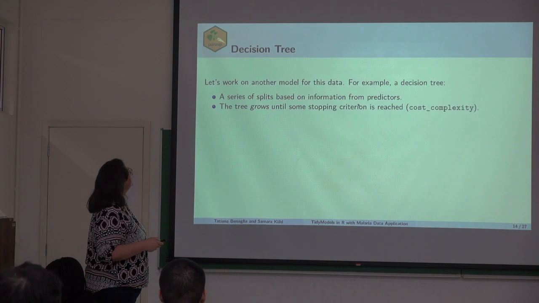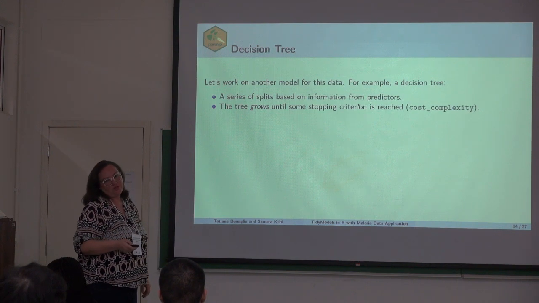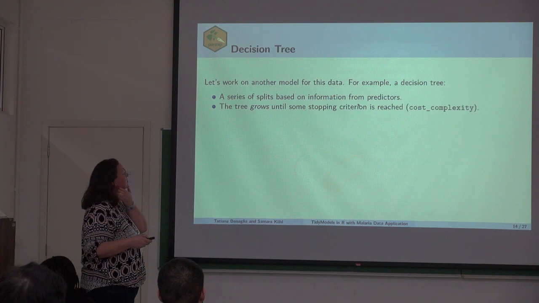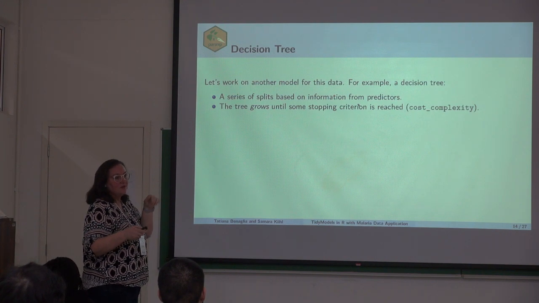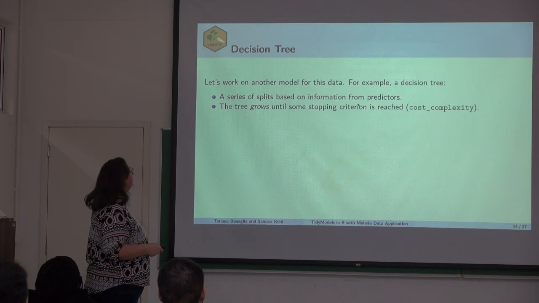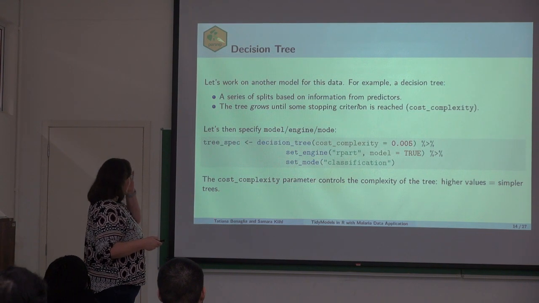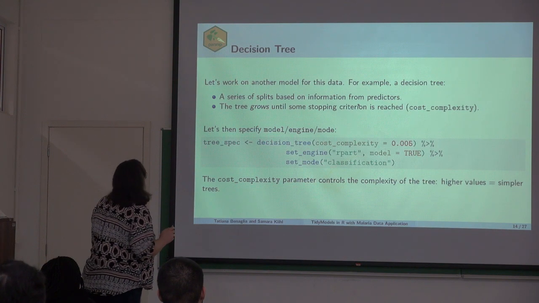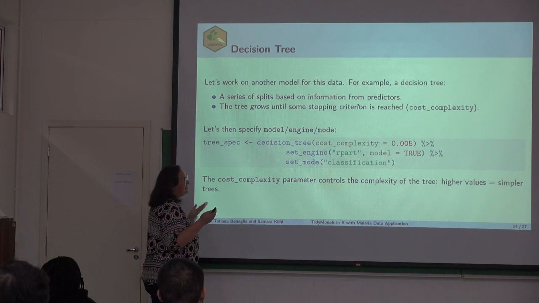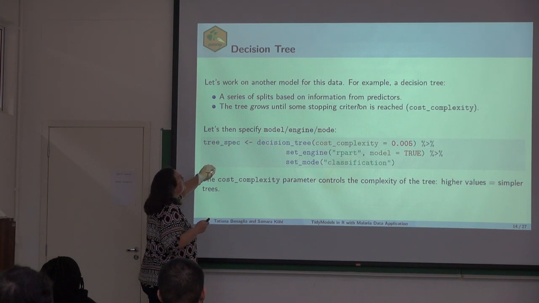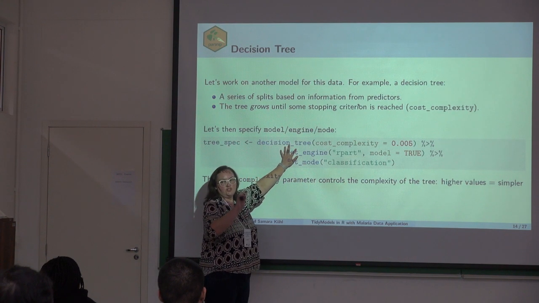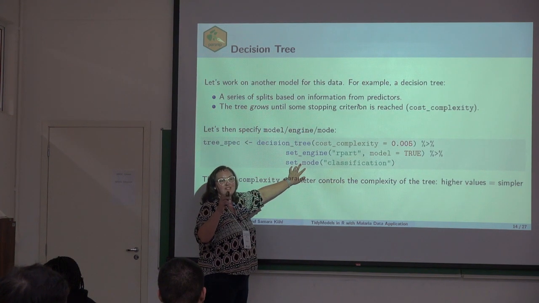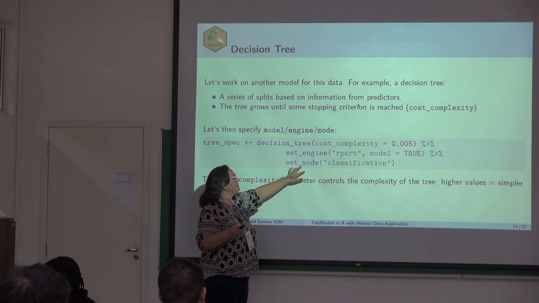Okay, so we could try a decision tree. Everybody knows a little bit about decision trees. They split, right? Bifurcation. So I'm going to define a decision tree using parsnip, using TidyModels. The decision tree has the mode, remember, because a decision tree has regression and classification.